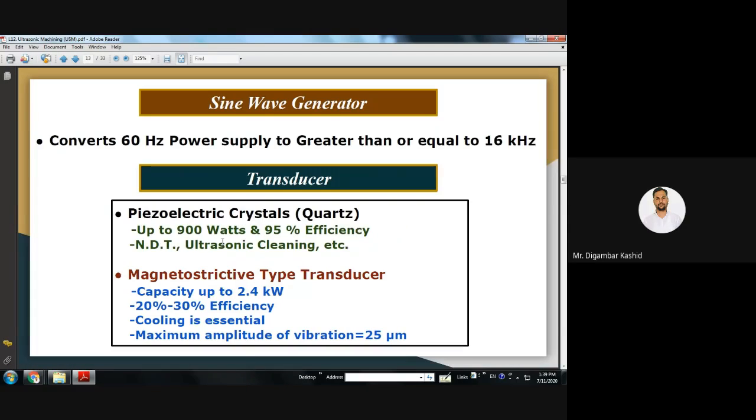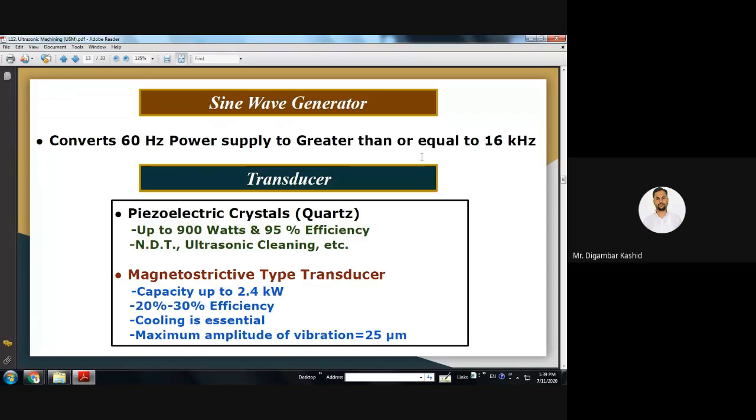Now the first component is the sine wave generator. Normally this sine wave generator converts the 60 hertz power supply. That means our power supply has a 60 hertz frequency, and it is converted to a higher frequency, greater than or equal to 16 kilohertz.